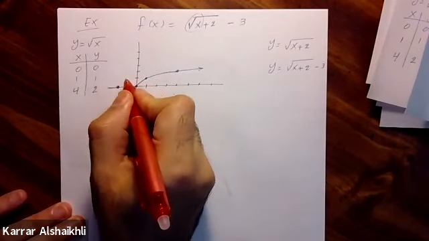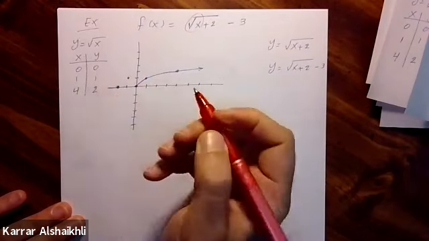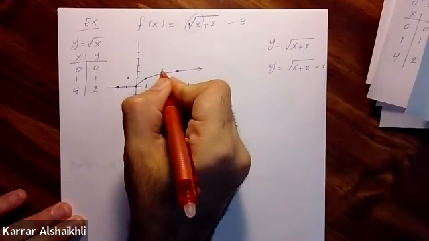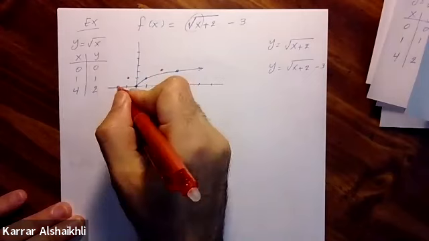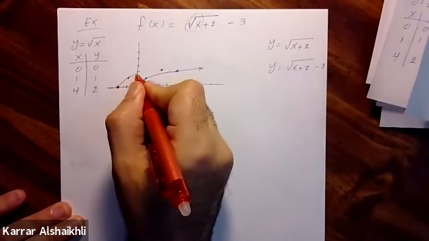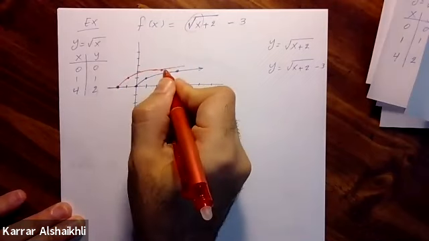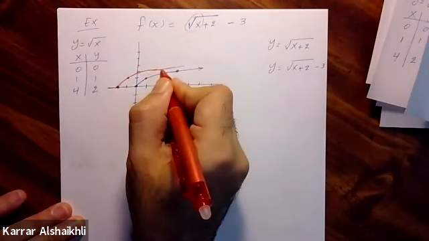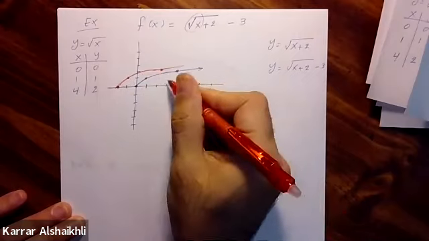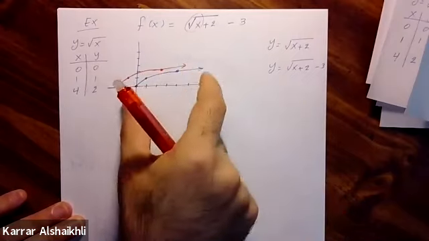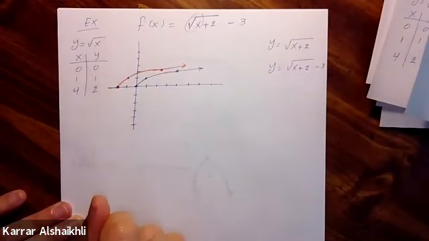This one is going to be 1, 2, here. And this point is going to be 1, 2, here. So the new graph is going to be like this. We just shifted to the left. 1, 2, yes. 2 units. Shift this graph to the left 2 units.